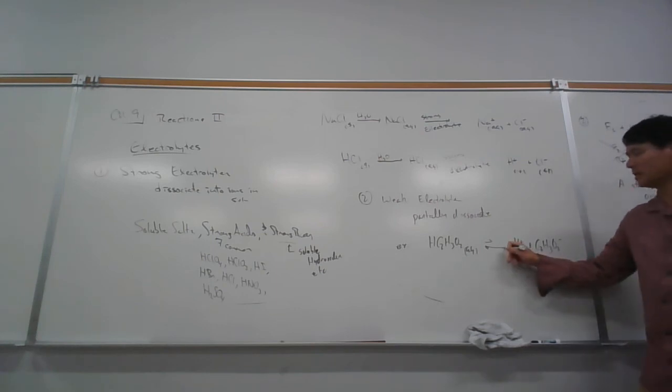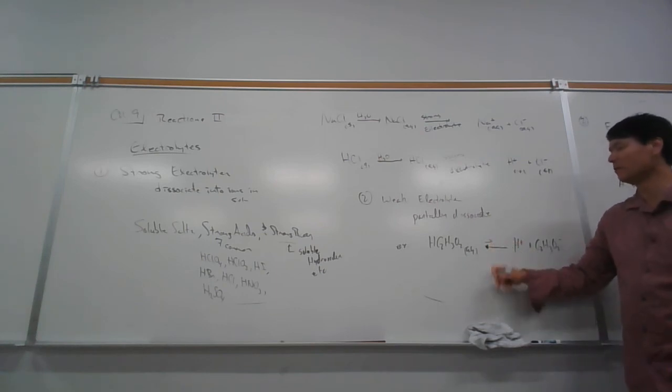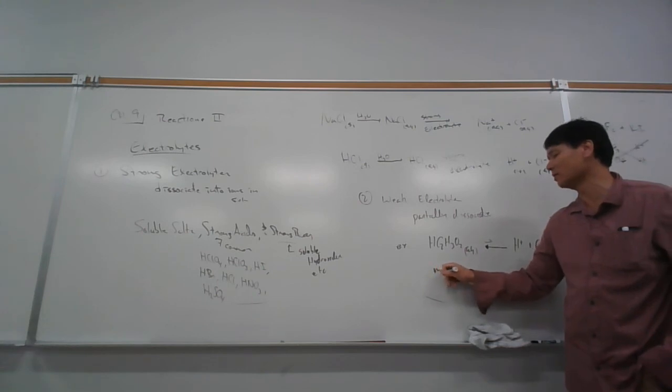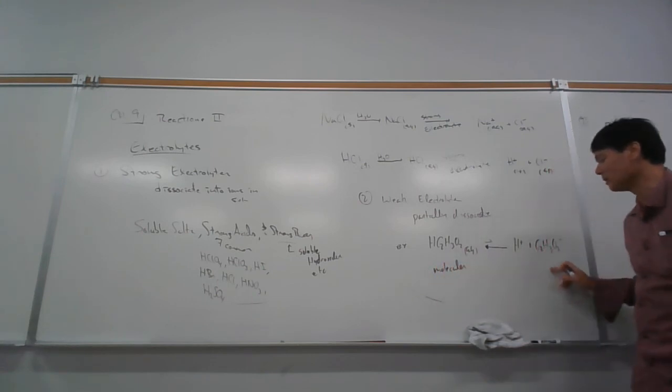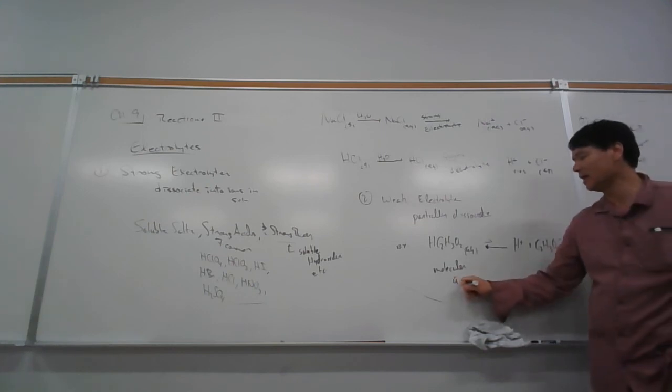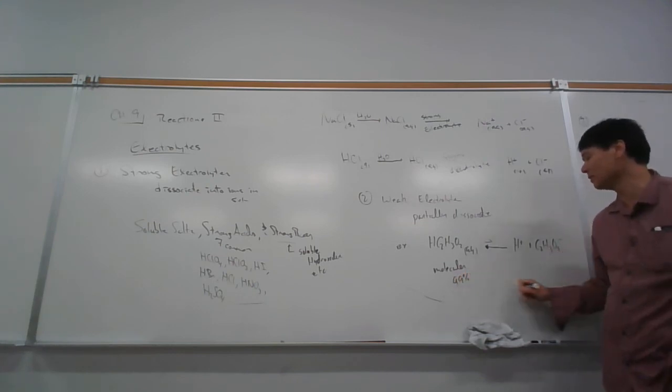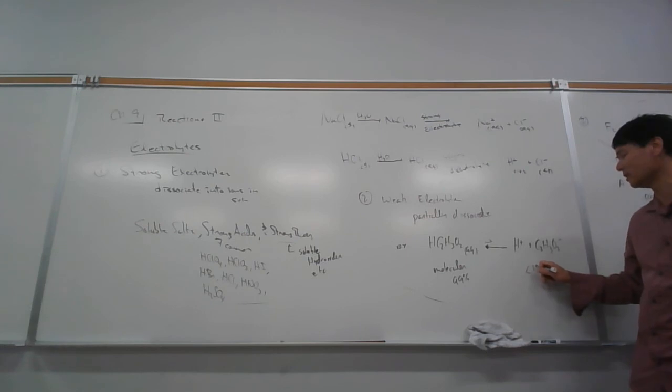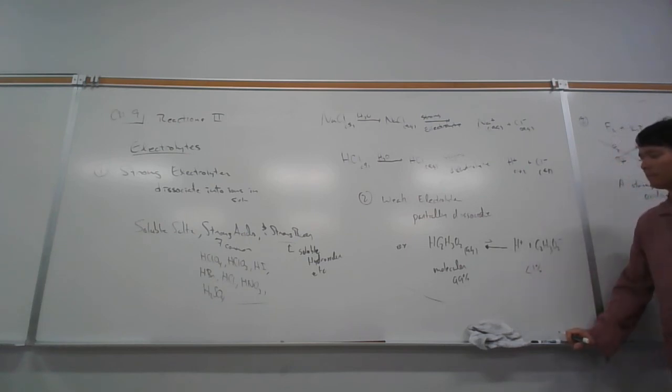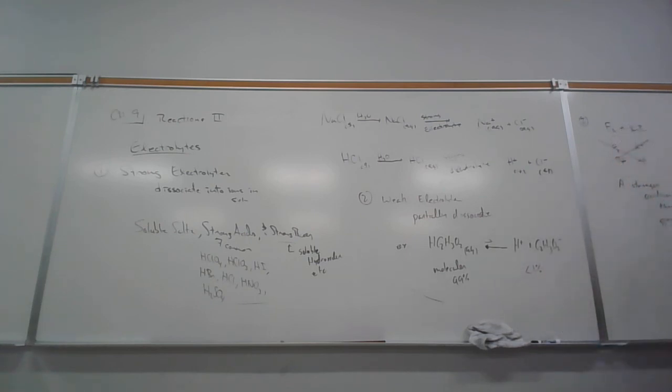And so something like acetic acid remains mostly as acetic acid molecules, and then just a few of these molecules will break up into ions. So over here it's like 99% molecules, and actually it's less than 1% ions here. It's more like 99.9% molecules.